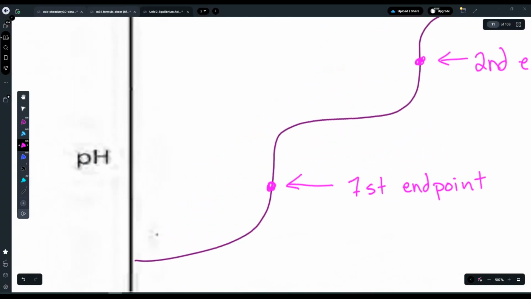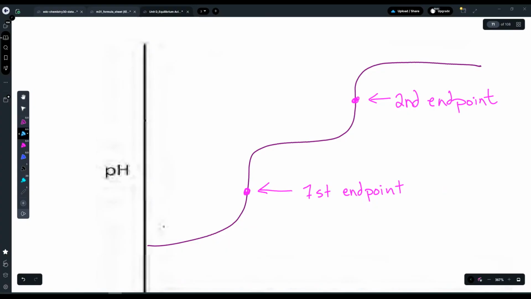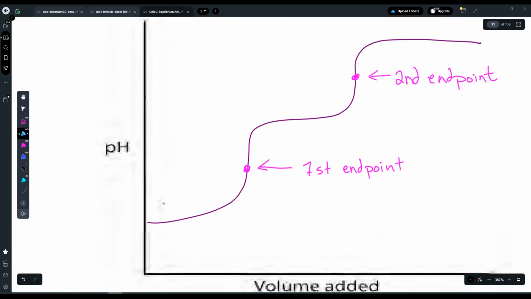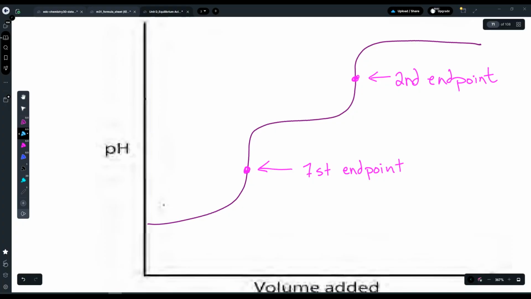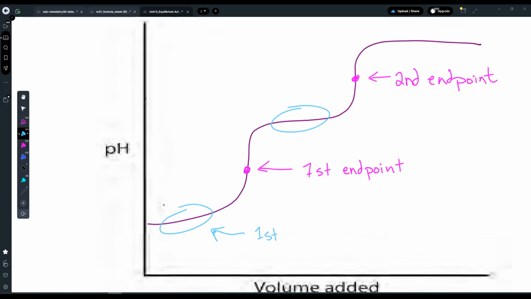Let's identify a couple other pieces that are important for a titration curve. When you get these plateaus, these are called buffer regions. Essentially, buffer regions are where the pH really doesn't change all that much. So this is going to be the first buffer region. This will be the second.